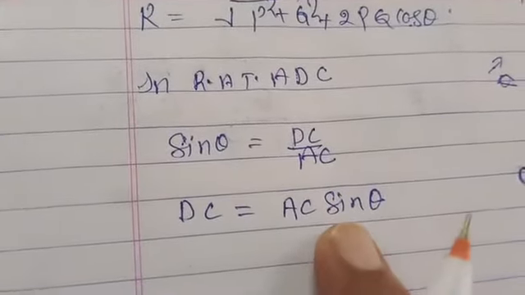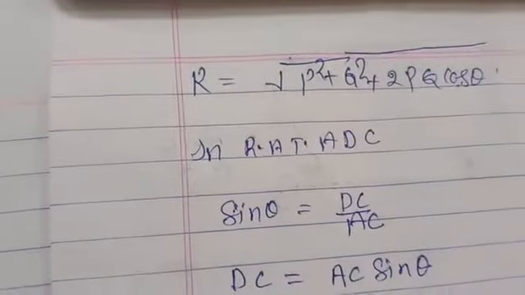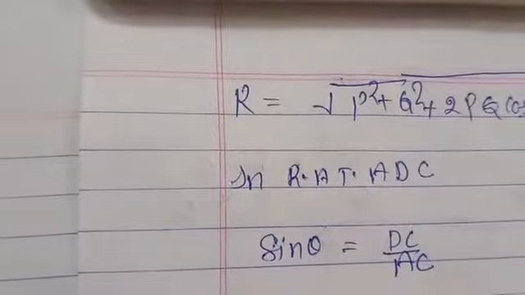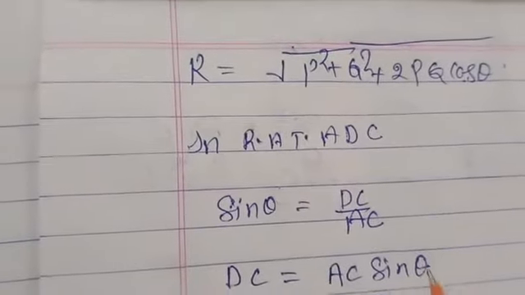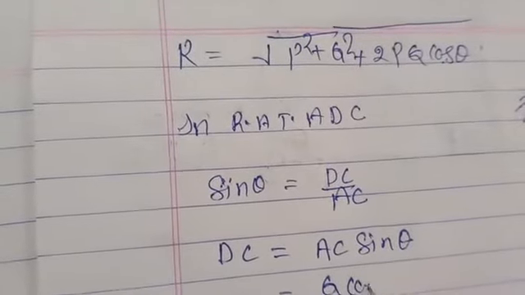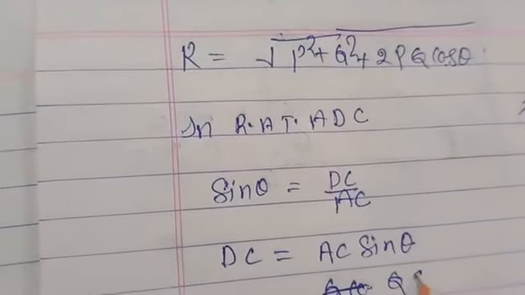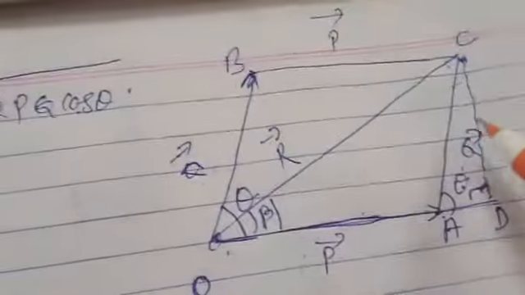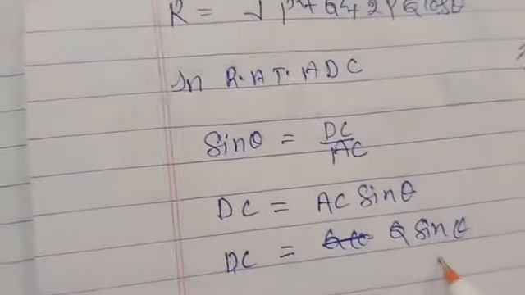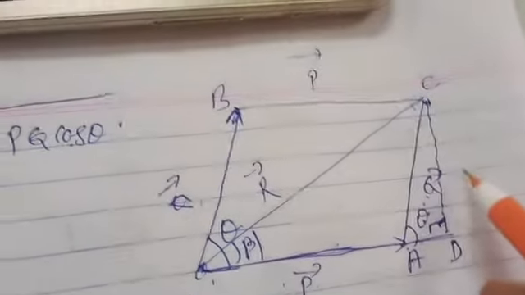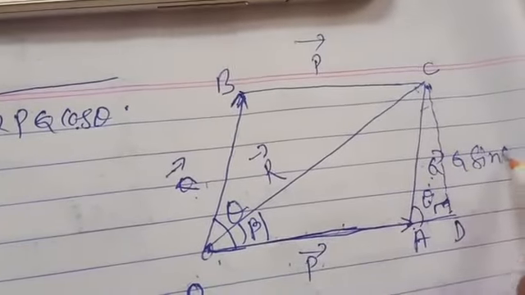And AC is equal to Q, so DC is equal to Q sin theta. Now we can note here Q sin theta.